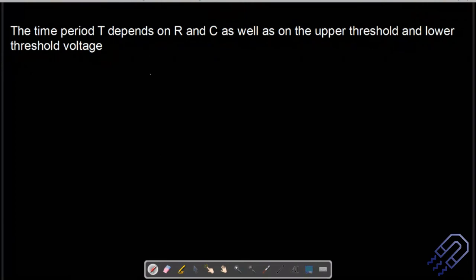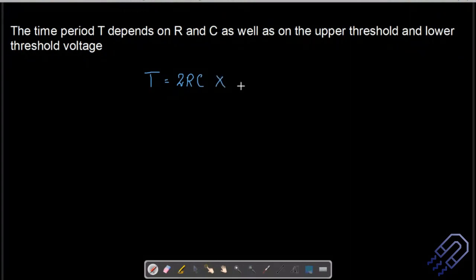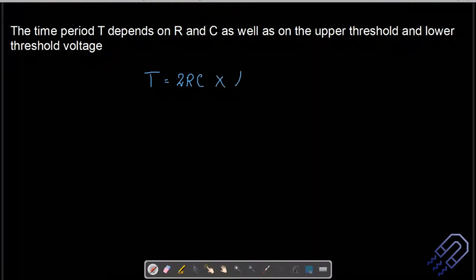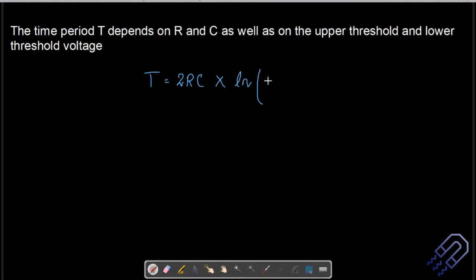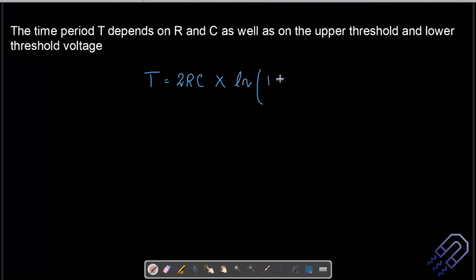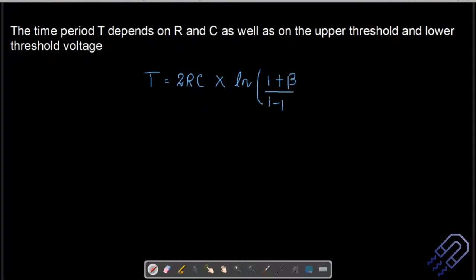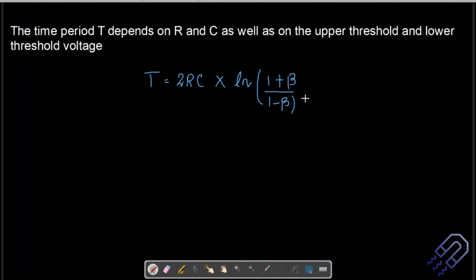If we look into the formula for time period, this time period T is equal to 2 times RC, the resistor and the capacitor that we have, into natural log of (1 plus β) divided by (1 minus β), where the upper threshold voltage and lower threshold voltage define the value of β.